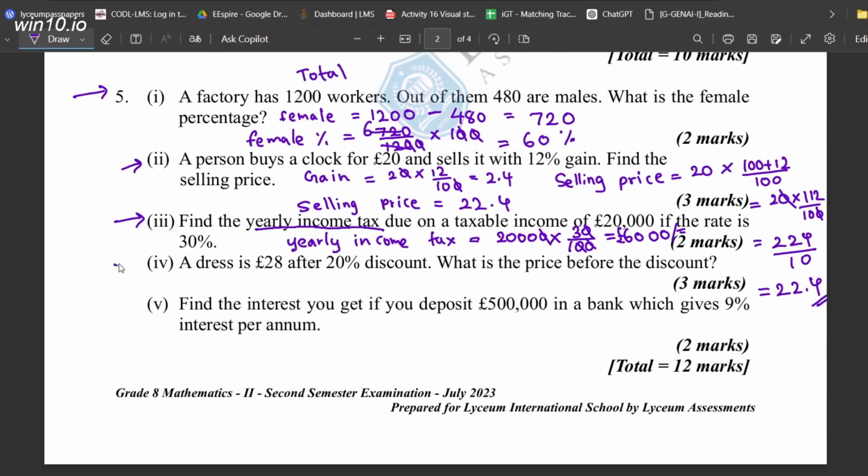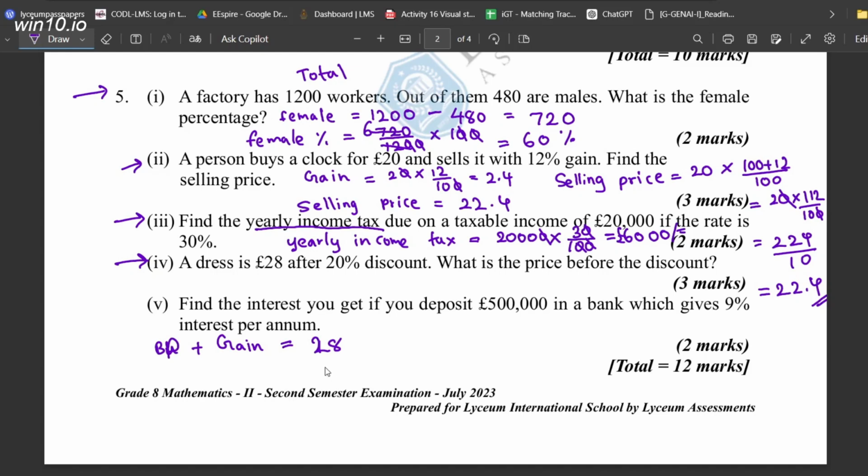Okay. Then fourth part, a dress is 28 pounds after 20% discount. What is the price before the discount? Okay, so there is a buying price. Buying price, let's take it as BP plus gain is equal to 28.